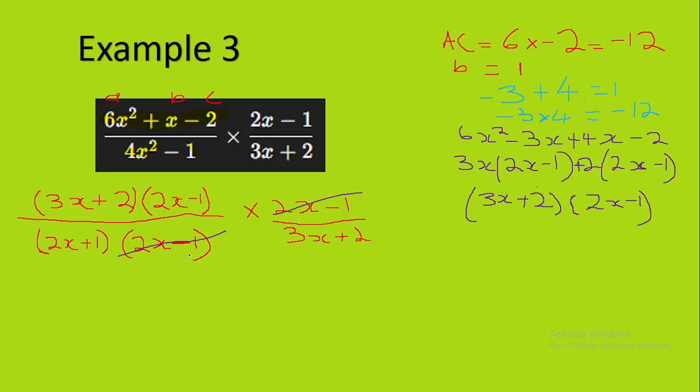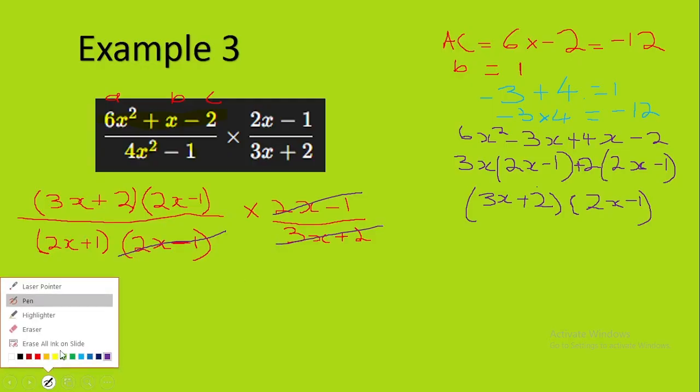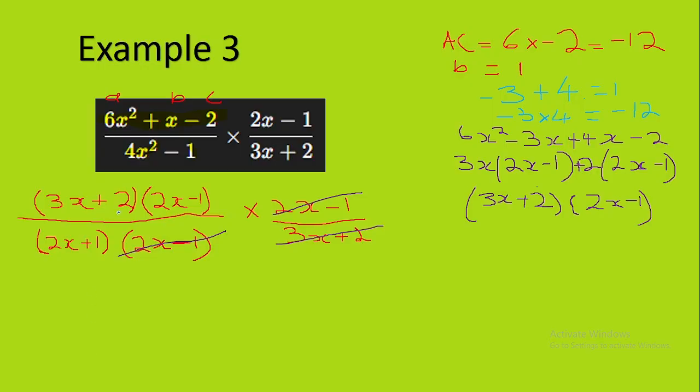Yes, we have a 3x plus 2 and a 3x plus 2 right here. Let me change the color and circle what I'm talking about. There is a 3x plus 2 and there's a 3x plus 2 right here, so we can cancel both of these factors.